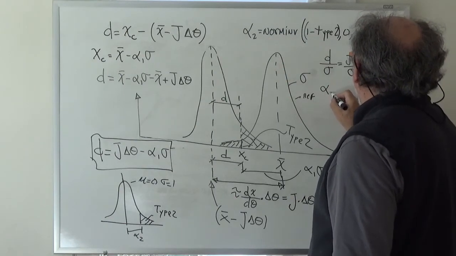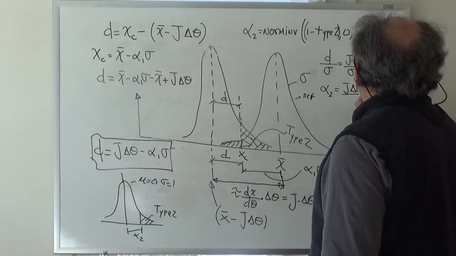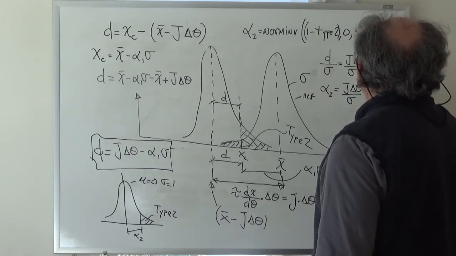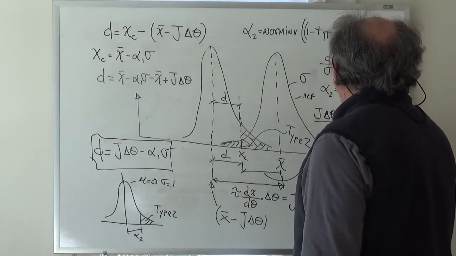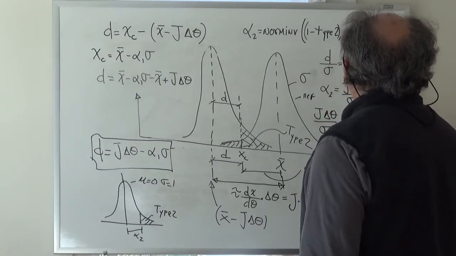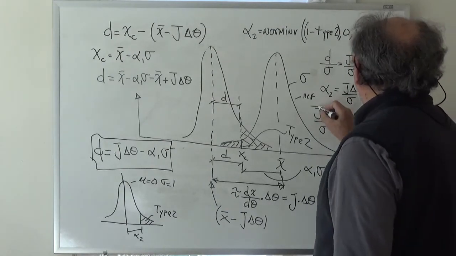So what I want to do is to have this be alpha 2, and this is j delta theta over sigma minus alpha 1. Therefore, j delta theta over sigma is equal to alpha 1 plus alpha 2, and that's where I wanted to go at the end.